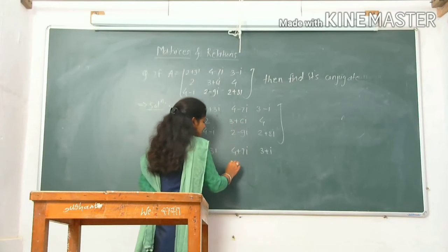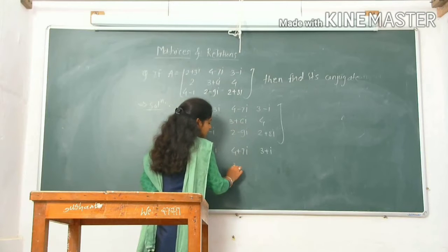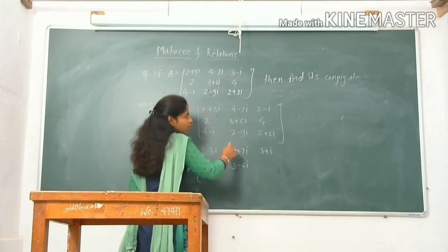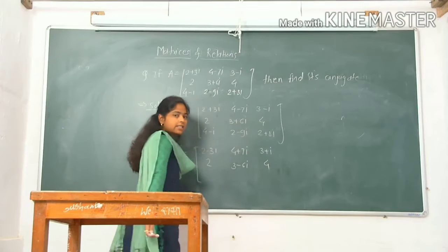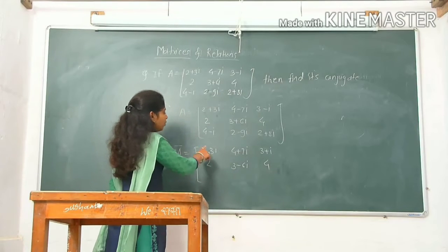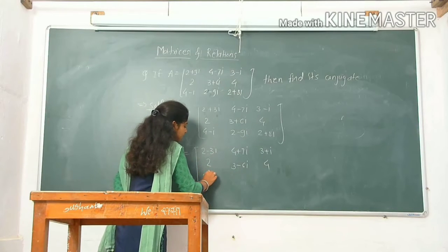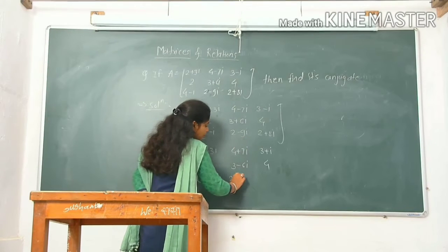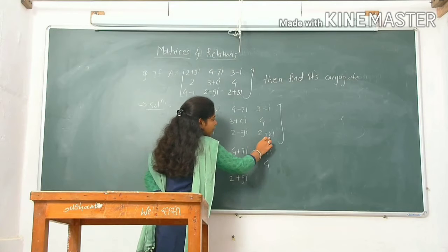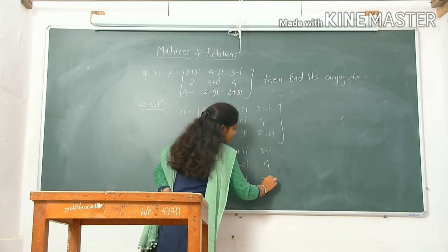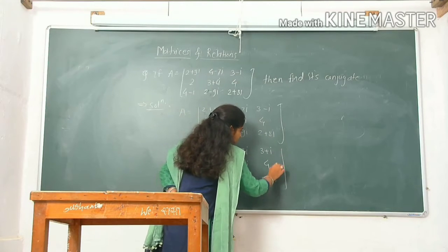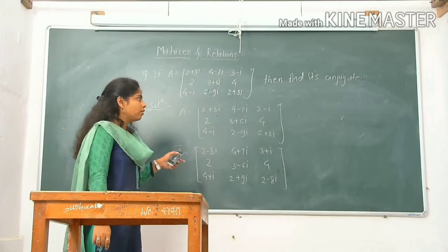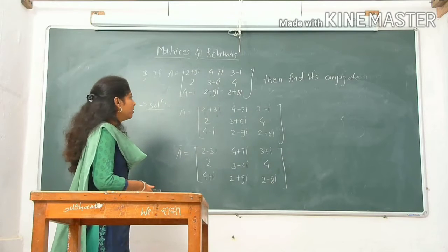Conjugate of 3 plus 6i is 3 minus 6i. Conjugate of 4 is 4, since again 4 is a real number. Conjugate of 4 minus i is 4 plus i. Conjugate of 2 minus 9i is 2 plus 9i. And the conjugate of 2 plus 8i is 2 minus 8i. This is our conjugate of matrix A.